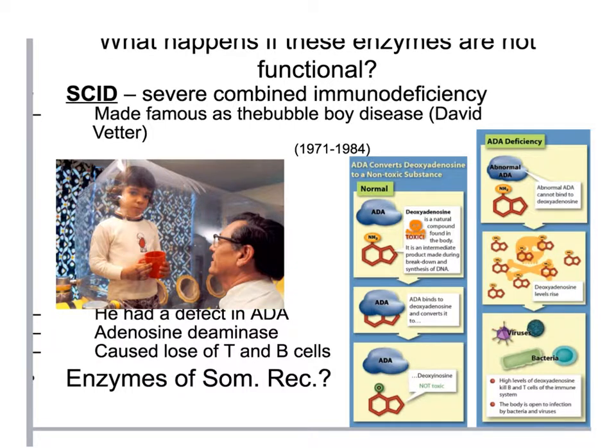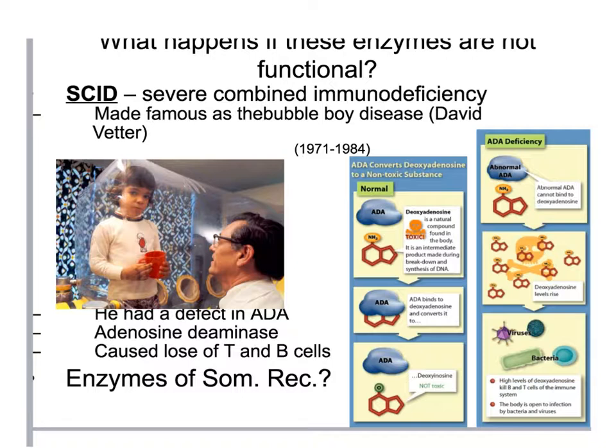What happens when your enzymes don't work properly? Did anybody ever see the movie The Boy in the Bubble? Based on a true story. If you want to see a sad story, watch it.